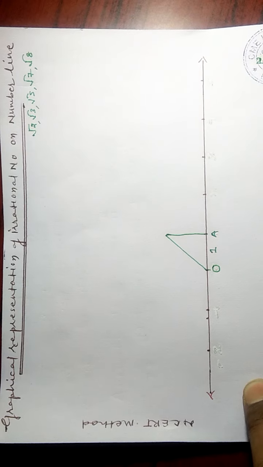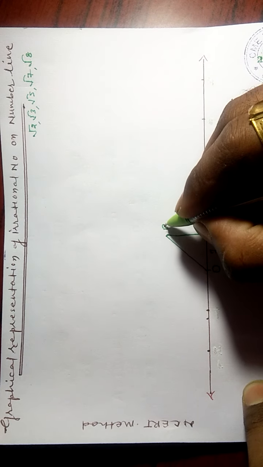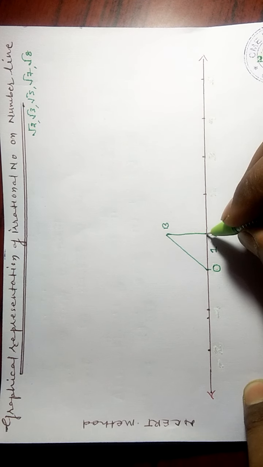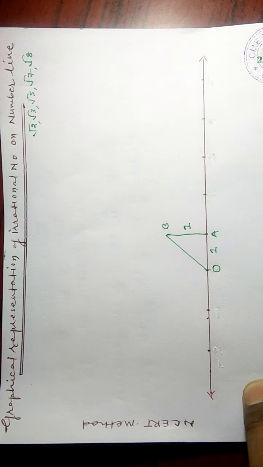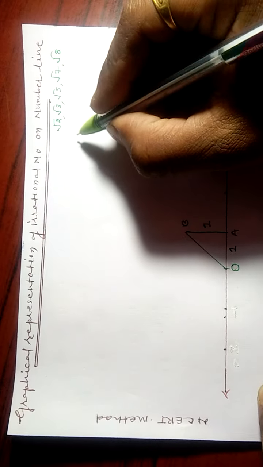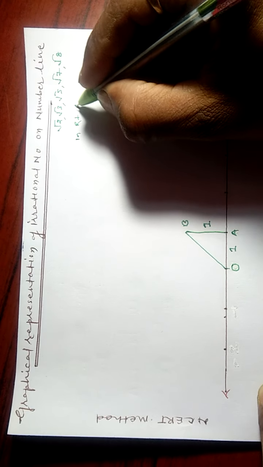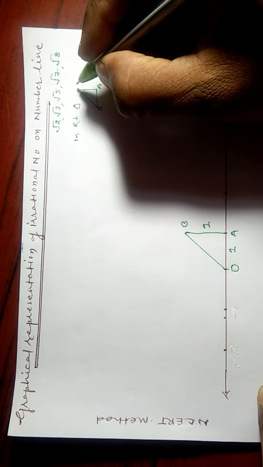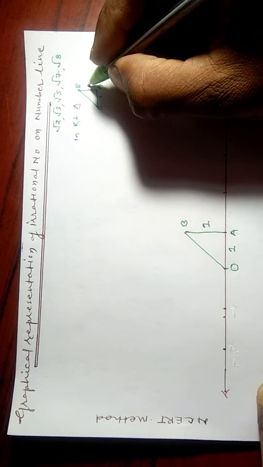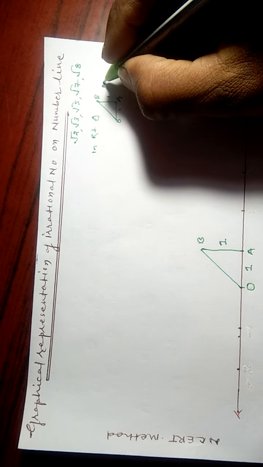Now you can see that you have a right triangle OAB. If OA is equal to 1 unit, AB is also 1 unit, or we can say 1 centimeter, then in right triangle OAB, this and this is 1 centimeter, then how can we find this hypotenuse OB?